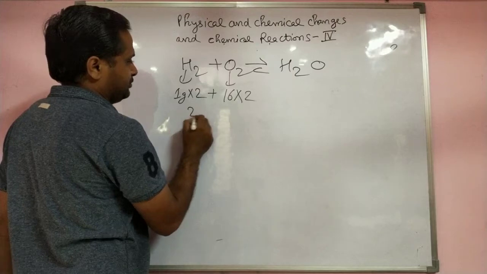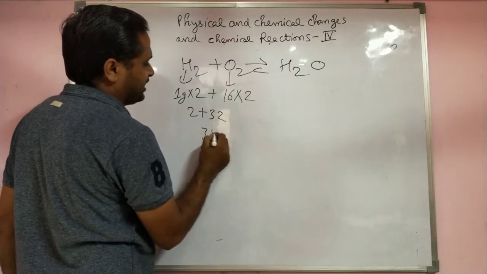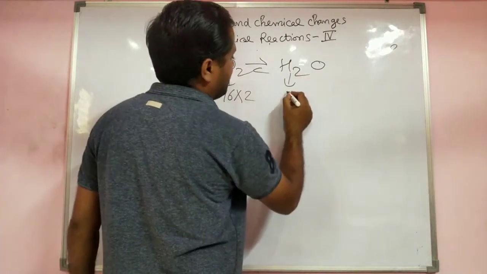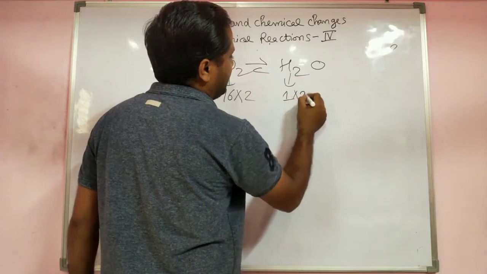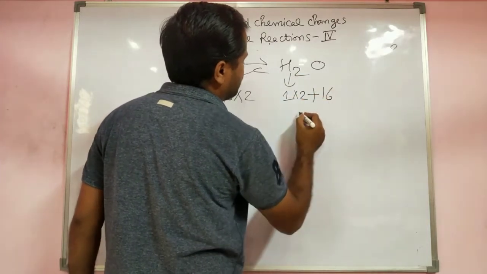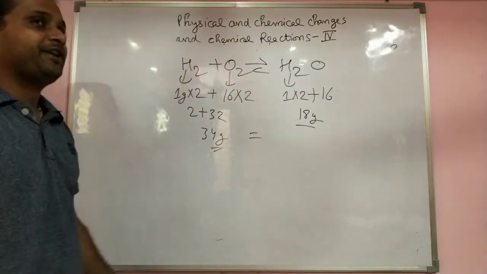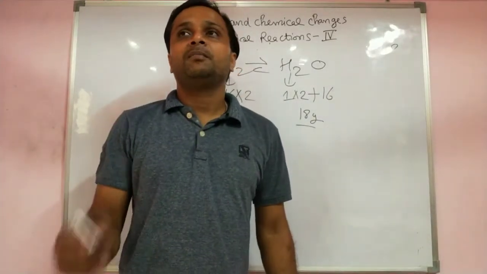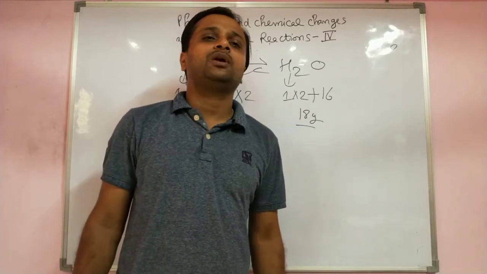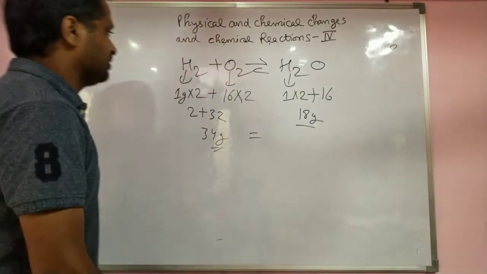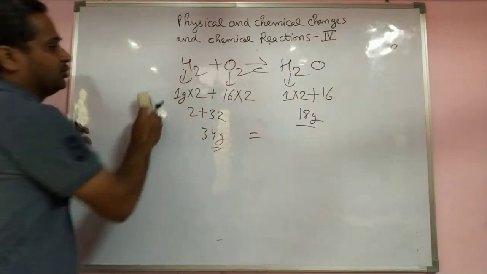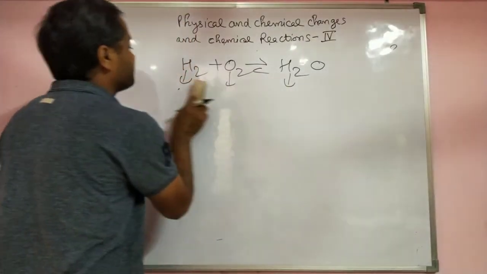Add them: 2 plus 32, that is 34 gram. And here 1 for hydrogen into 2 plus oxygen 16, that is 18 gram. Not equal. But according to the law of conservation of mass, the mass of reactant is always equal to the mass of product. So first balance, then try to find out their mass.